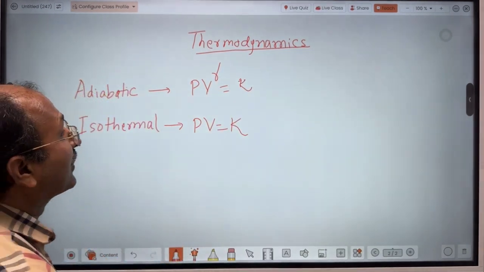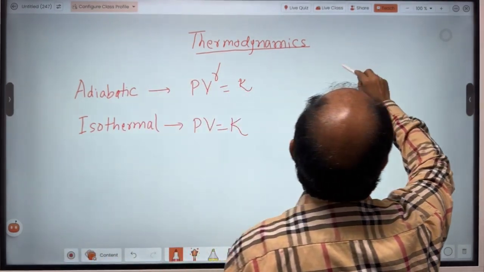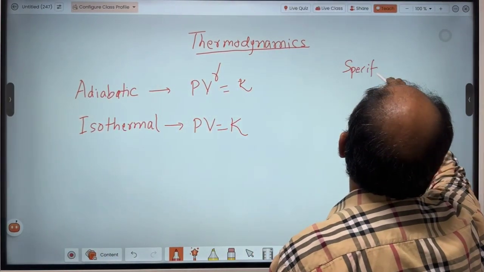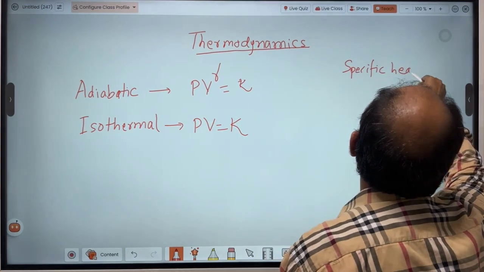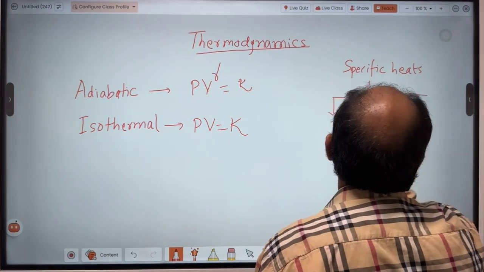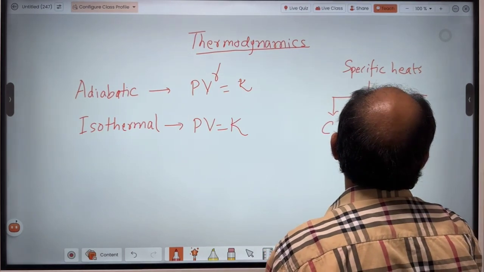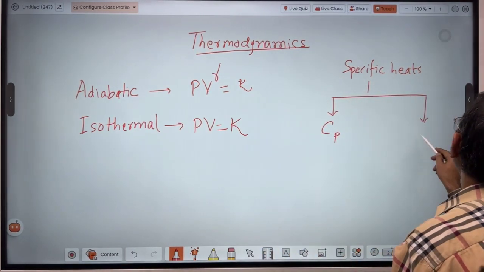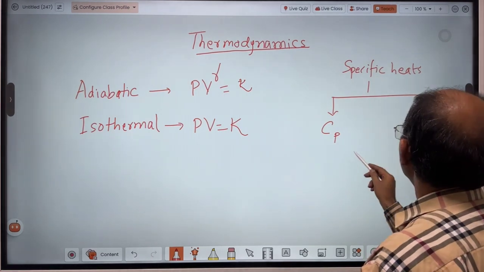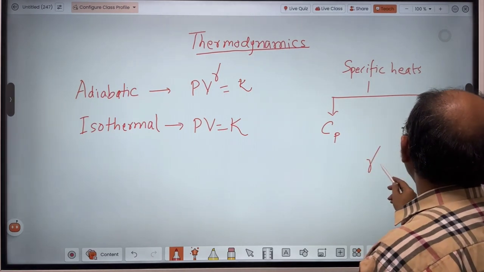What is gamma? If you remember, there are two types of specific heats. One is at constant pressure Cp, another is Cv. If we find the ratio of these two specific heats, so we get gamma.